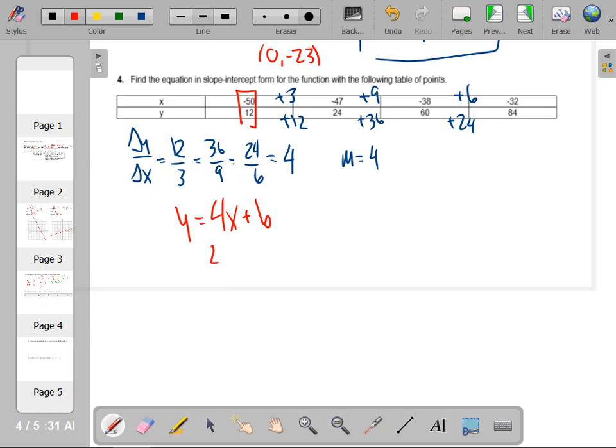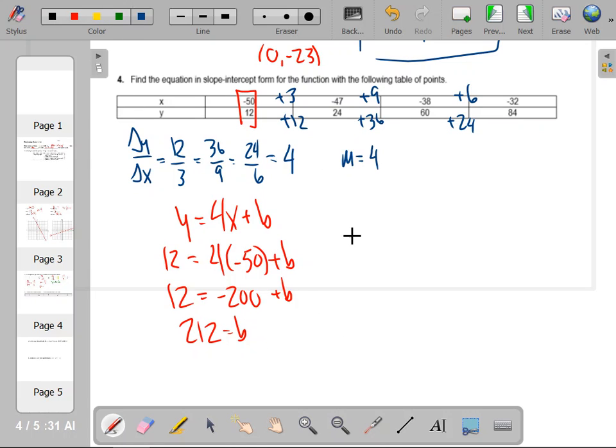X is negative 50, so 4 times negative 50 plus b equals, the y is 12. So 12 equals negative 200 plus b, and if I add 200 to both sides, I get 212 equals b. So the y-intercept in this equation is 212, so y equals 4x plus 212.